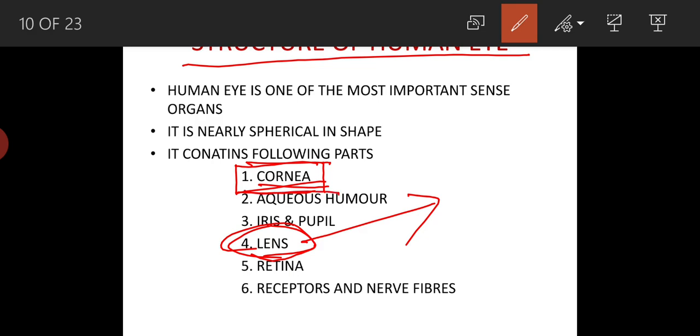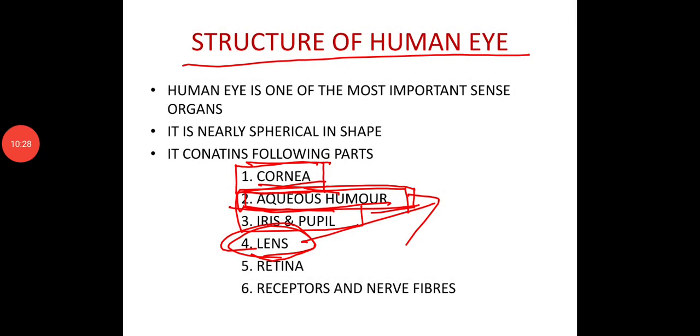Next, aqueous humor. Aqueous humor is a part completely filled with liquid, which helps in removing all the dust particles present in our eye and helps in cleaning of our eye. Next, iris and pupil. Iris and pupil help us control the amount of light entering the human eye.